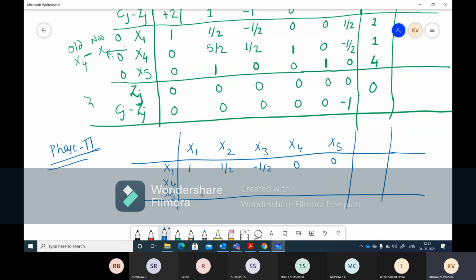You are not going to take the values of the artificial variable. Then 0, 5 by 2, 1 by 2, 1, 0. And the third one is 0, 1, 0, 0, 1. RHS, whatever was in the last iteration: 1, 1, 4.